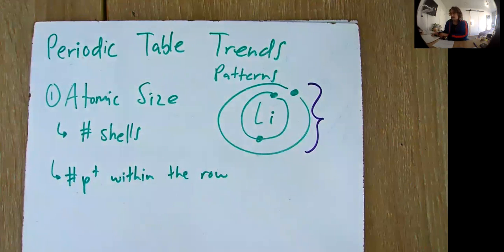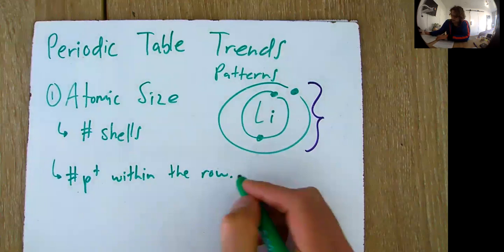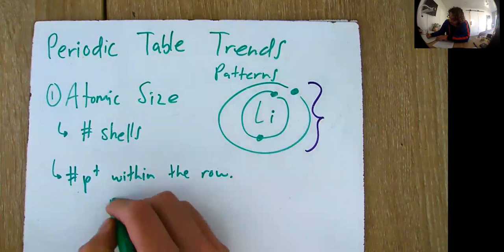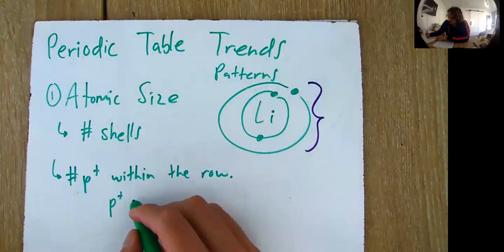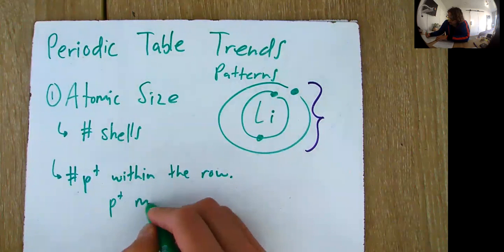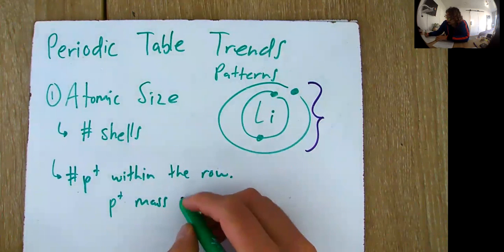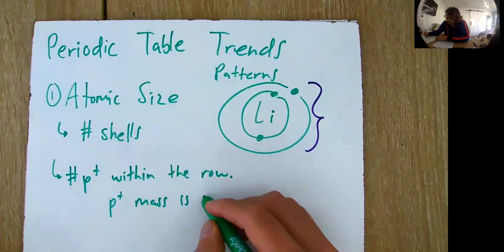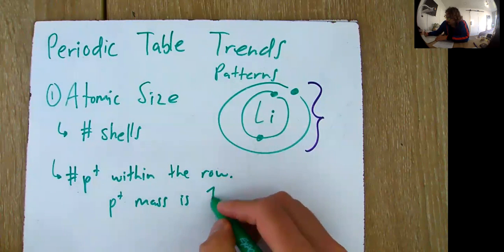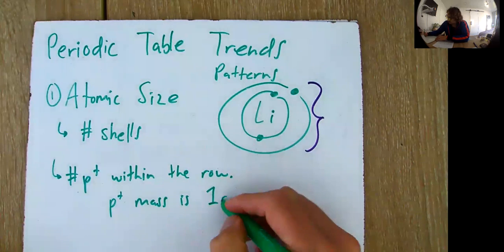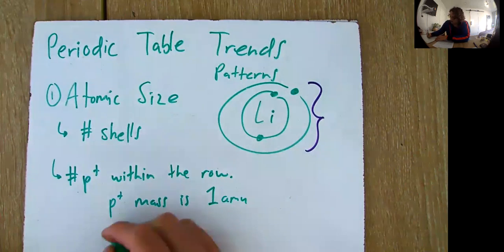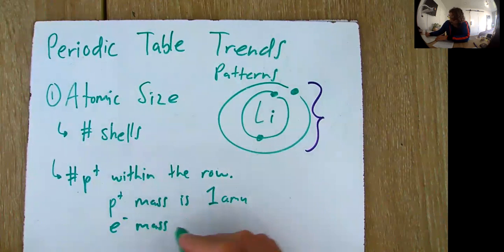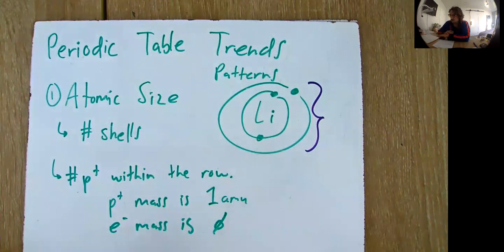Something to keep in mind when we're talking about this is that a proton's mass is 1 atomic mass unit, while an electron's mass is negligible, meaning that it's so small and so non-massive that it doesn't even compare at all to a proton. So protons are way more massive.